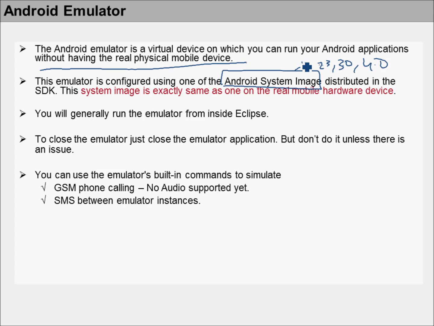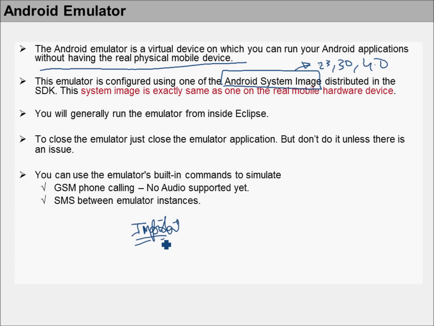Generally, you run the emulator from inside Eclipse, but you can run it from the command prompt as well. To close the emulator, just close the emulator application, but don't do it unless there is an issue. One important thing, very important: do not keep closing and reopening the emulator every time you need to reinstall an application. The emulator is very smart.